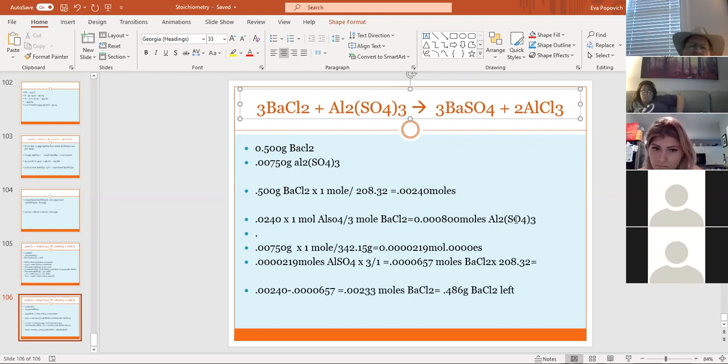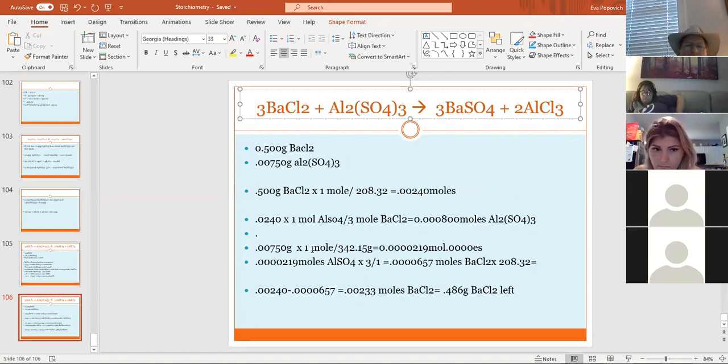Now I have to figure out how much aluminum sulfate I have. I multiply my grams of aluminum sulfate by 1 mole over the molecular weight. This is how much I have on hand. I need more than I have. If I need more than I have, then the aluminum sulfate is going to be my limiting reagent.